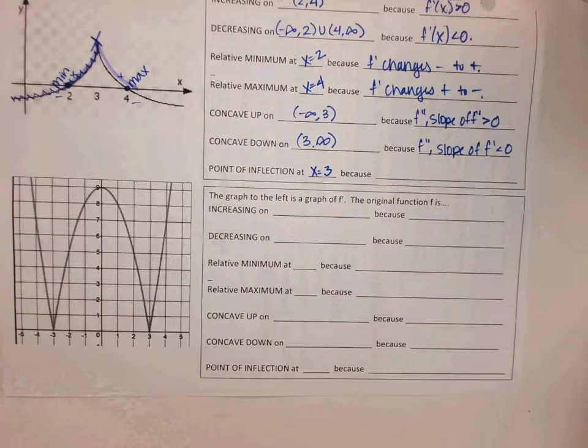Okay, one more left. I'll give you another minute to give it a shot if you didn't get to it. So dots on the critical numbers, then label them a min, max, or neither.